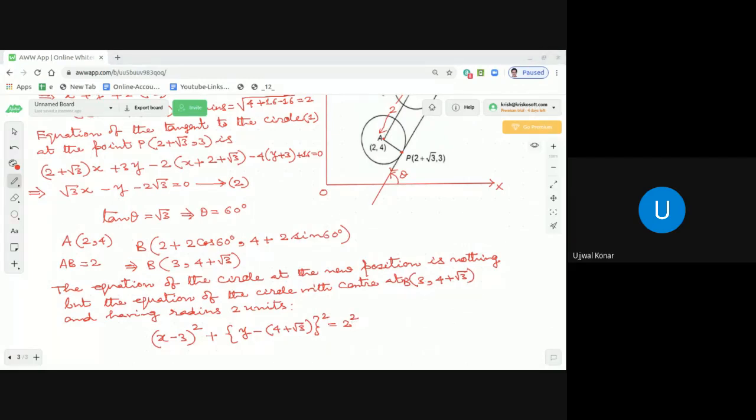So now we just need to simplify. I am not spending time on simplification, dear students.